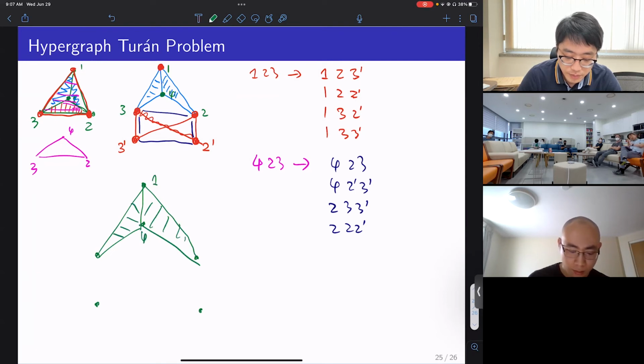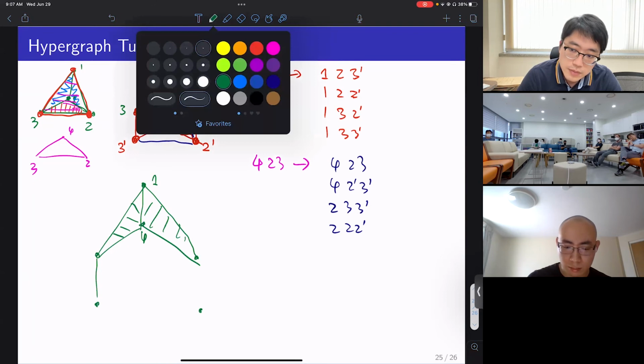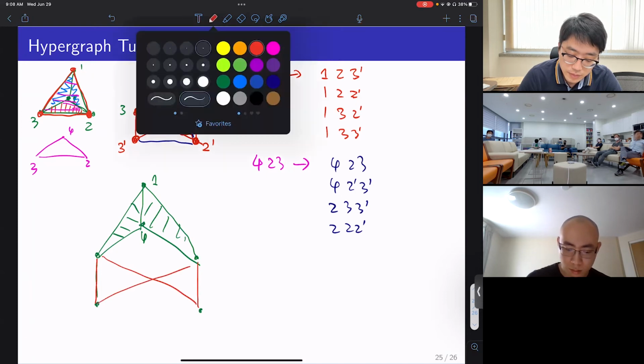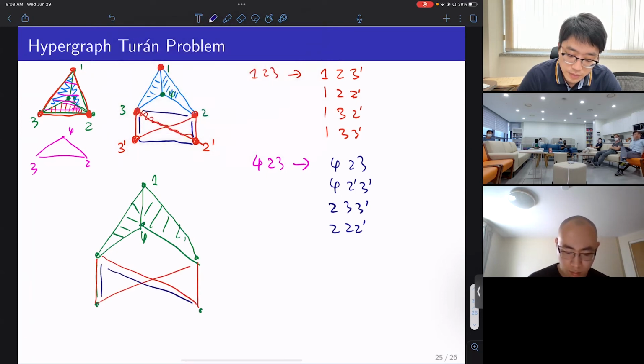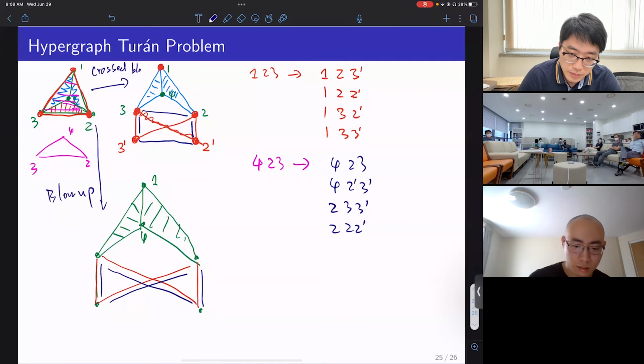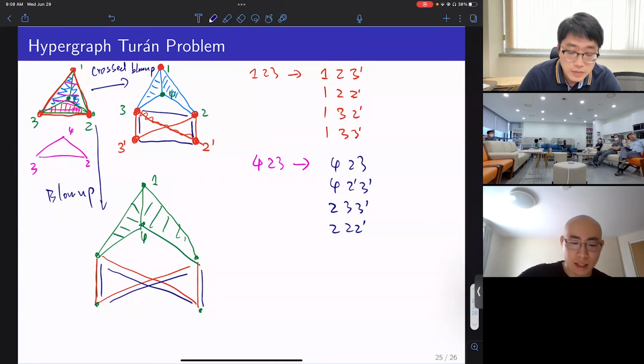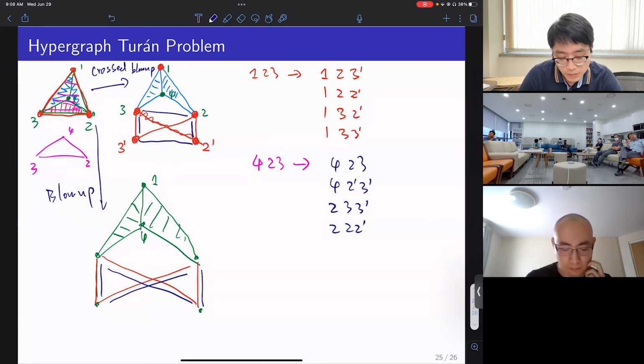And for 1 and 2, you add all these triples. This is the ordinary blob. This is the crossed blob. So the only difference is you rotate the link for 4 a bit.